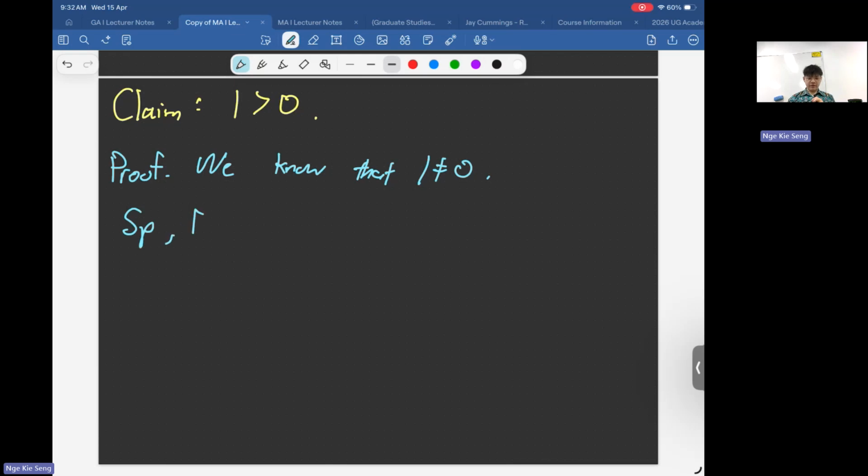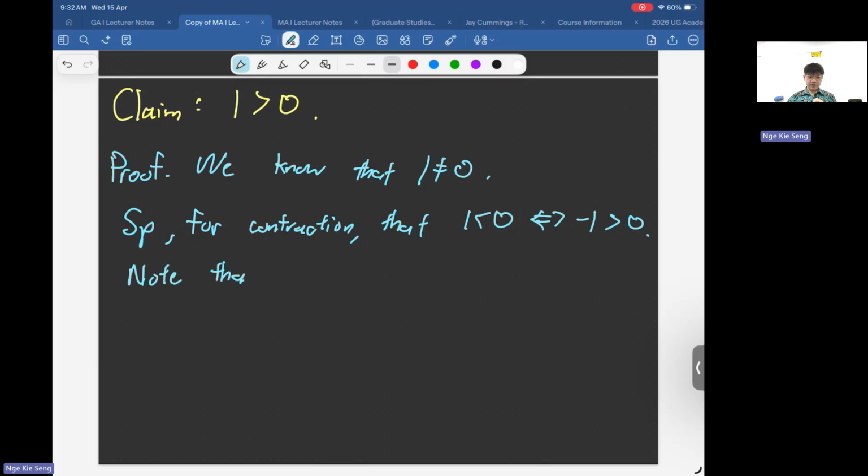We're going to rule out the case that it is less than. So suppose for contradiction that 1 is less than 0, or equivalently, minus 1 is greater than 0, from what we know just now: if you put a minus sign, it swaps the inequality. So what do we do next? We're going to play with this number 1.